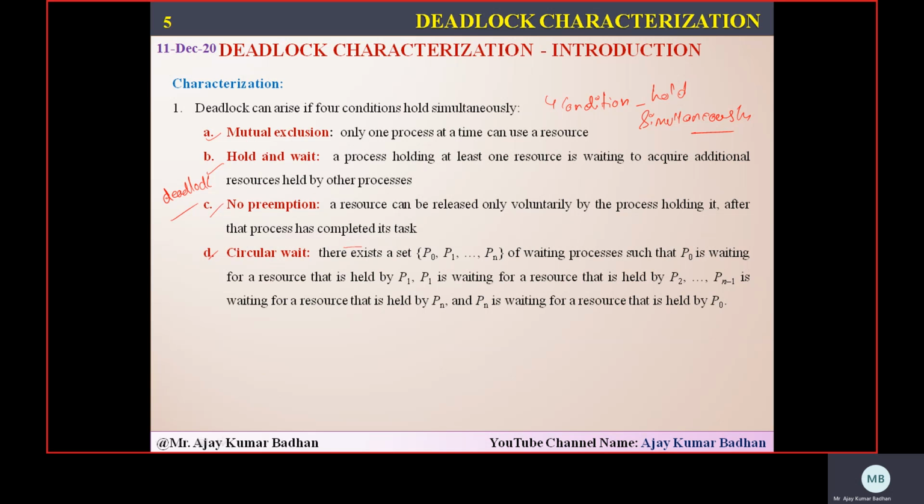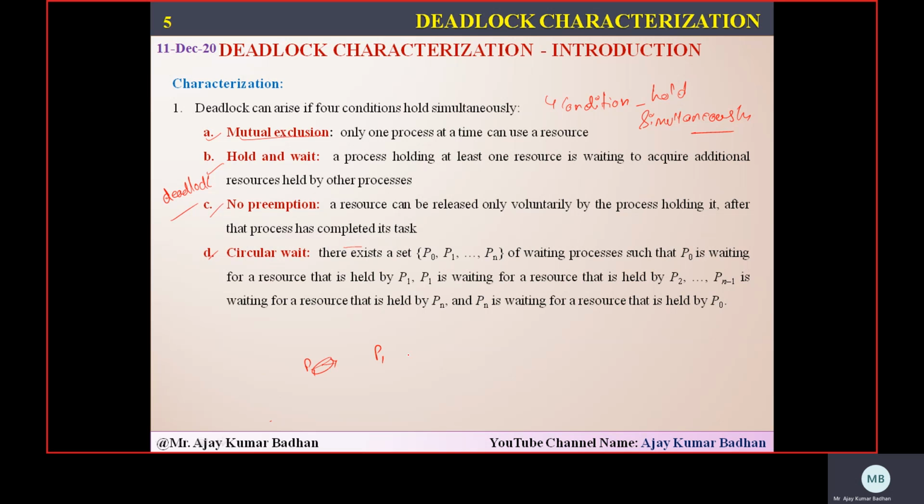So let's see what are the points we have. First one is mutual exclusion. I think you people are familiar with mutual exclusion; we have been discussing this from the beginning of the unit. So what do you mean by that? One process at a time can use a resource.